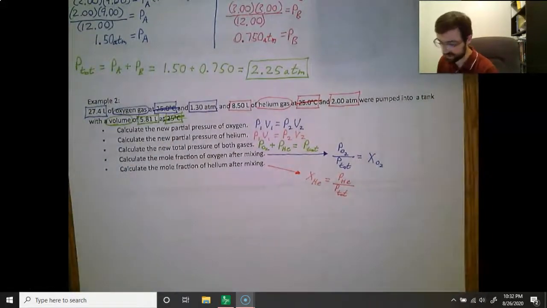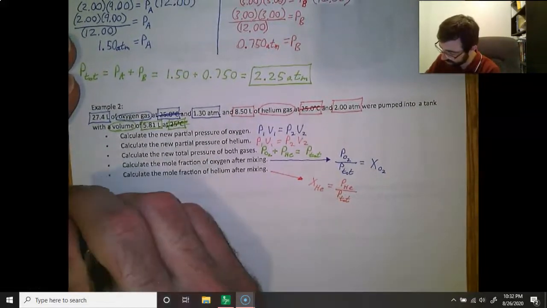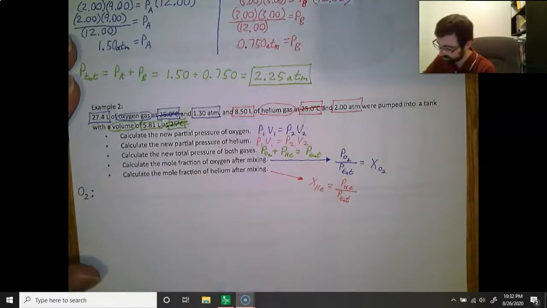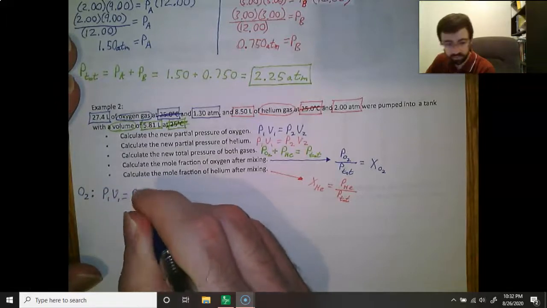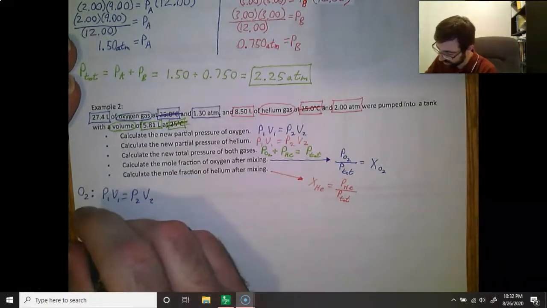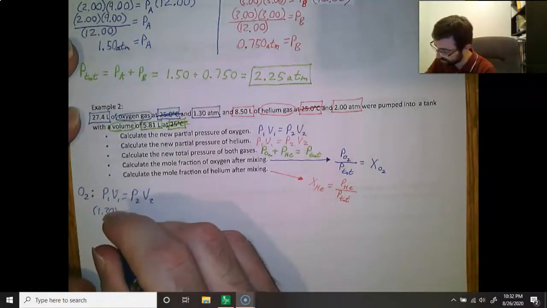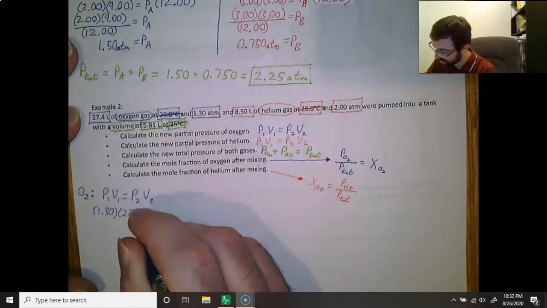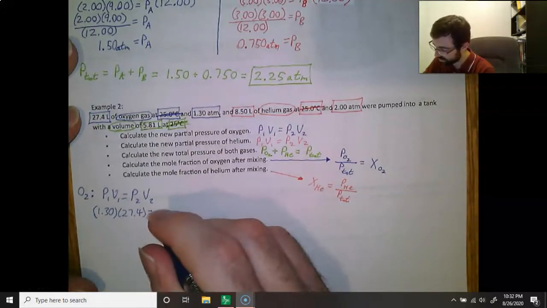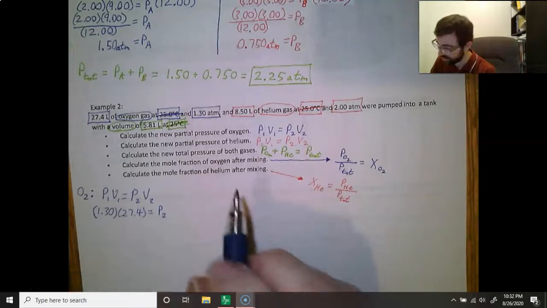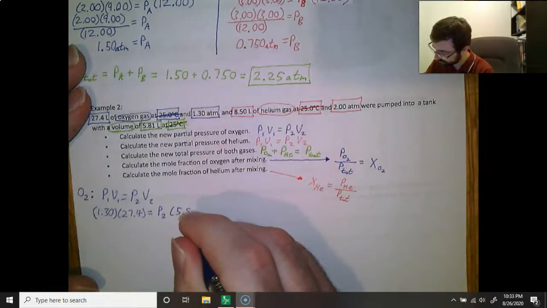Start with the first one. P1V1 equals P2V2 for O2, for oxygen. I'm going to write 1.30, that's my starting pressure, times 27.4, my starting volume, the number of liters, equals P2 times my V2. Well, the new volume is 5.81 liters.